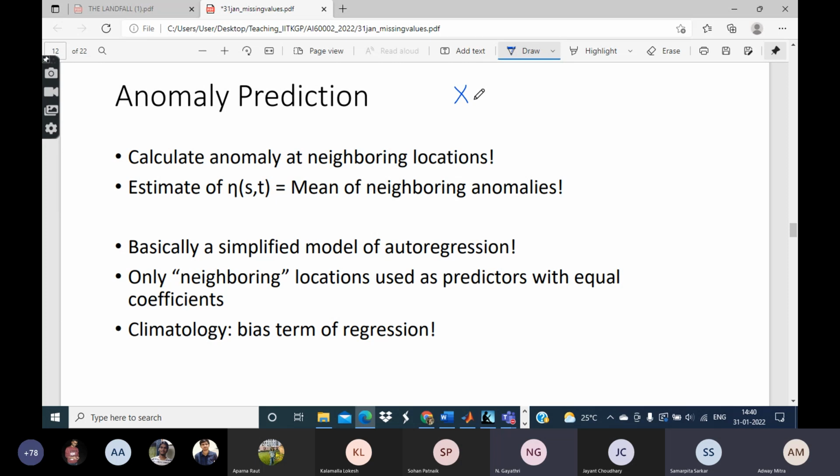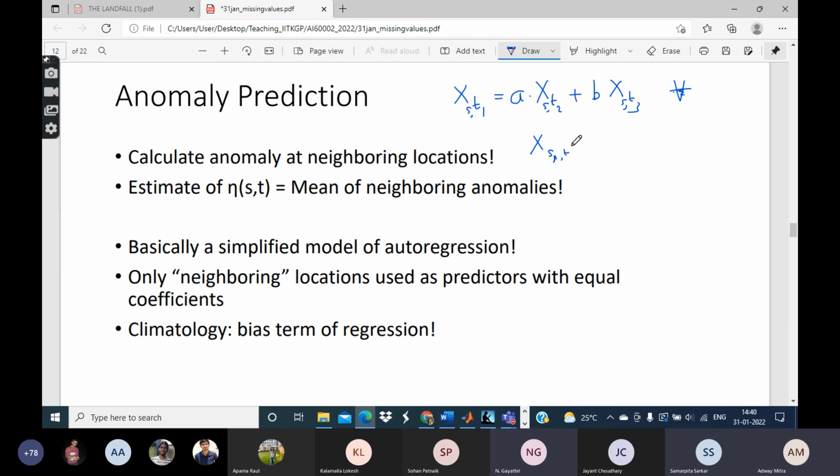For example, x t1, we were trying to write it as a times x t2 plus b times x t3, etc. This is one way you can look upon it, maybe for a particular location, or if you want you can do it somewhat like this also.